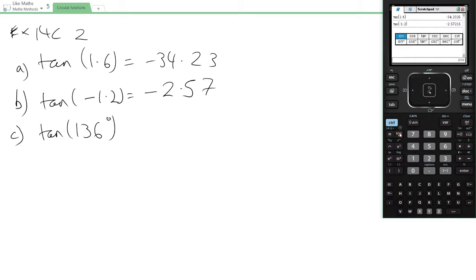So bring up the trig functions, go to tan, type in the 136. Now if you want degrees, click Control and book. You get a bunch of symbols, not just to look nice, but they actually do affect how the calculation works.